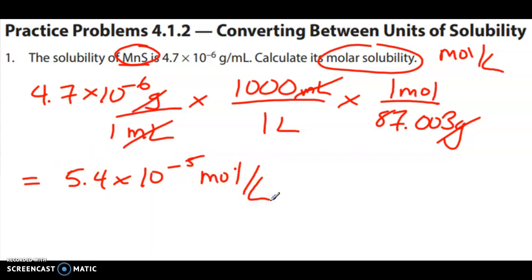Now I have a star written beside this. Let me just double check on something before I start talking. Times 1,000 divided by 87. Yes. So my answer I get here, please double check yours as well. I have 5.4 times 10 to the negative 5.